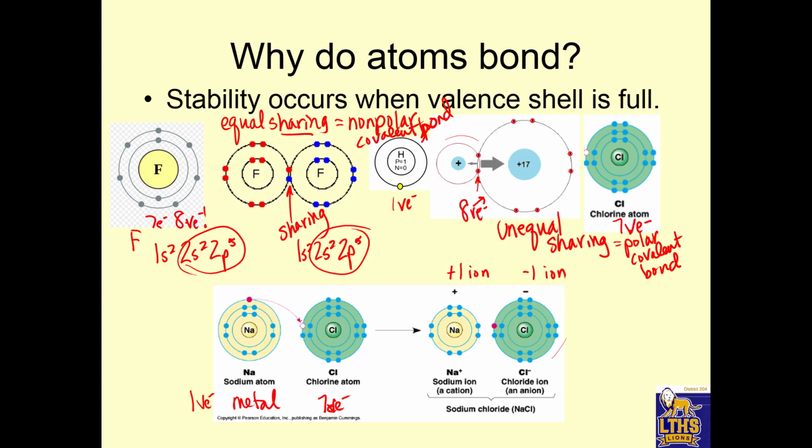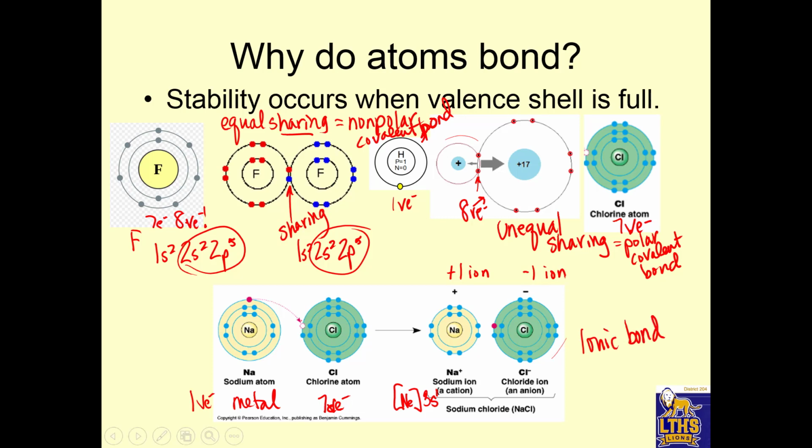Sodium was like neon with a 3s1, and then chlorine is now more like argon because it has 18 total, but 8 outer electrons. When an electron goes from one atom to another, completely transferring, it's called an ionic bond.